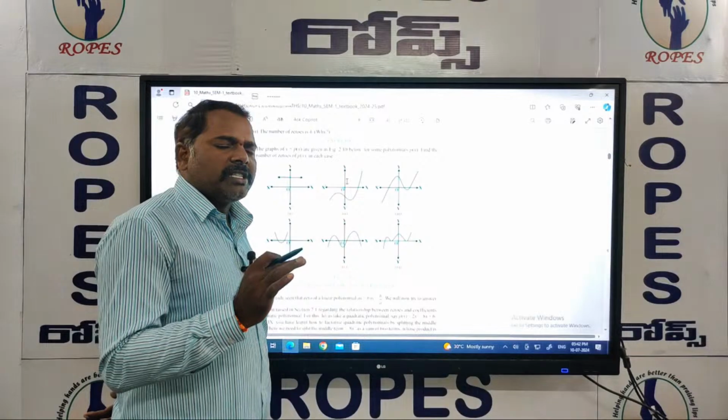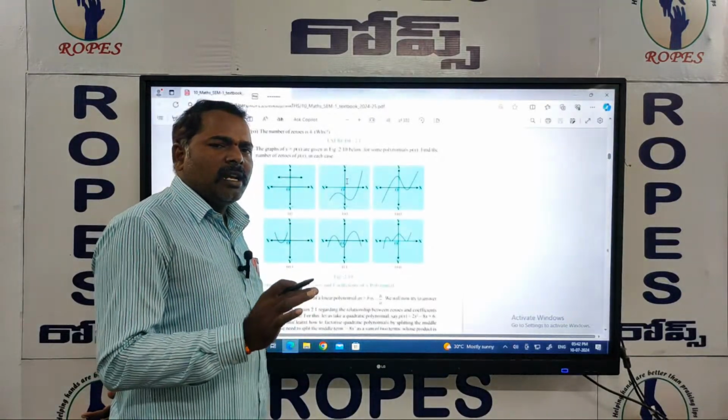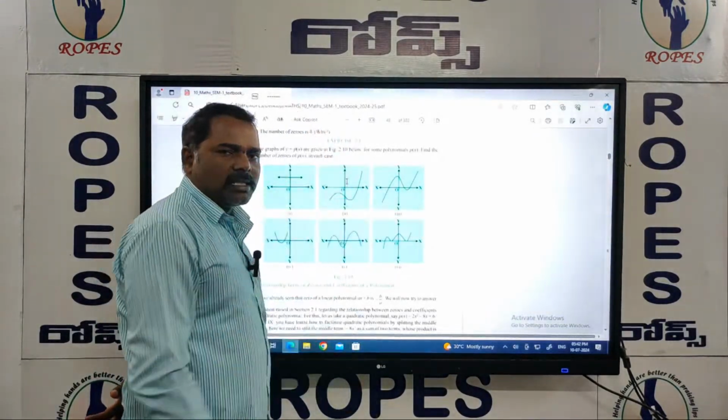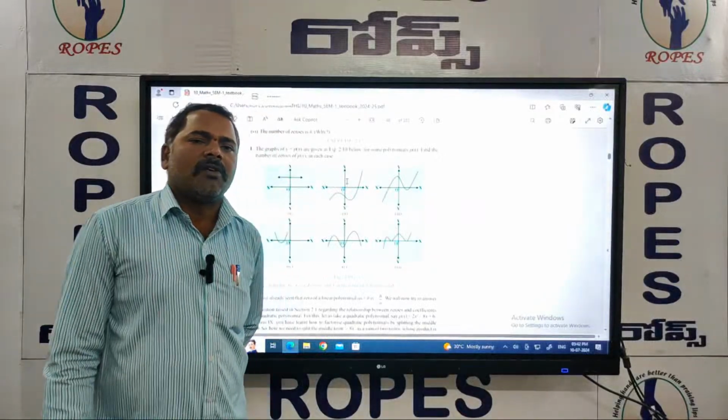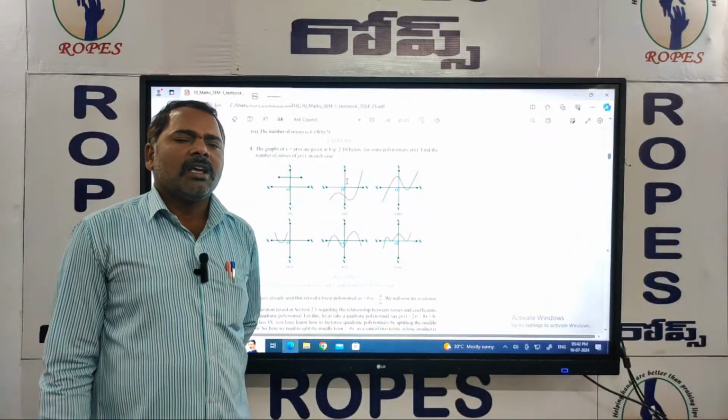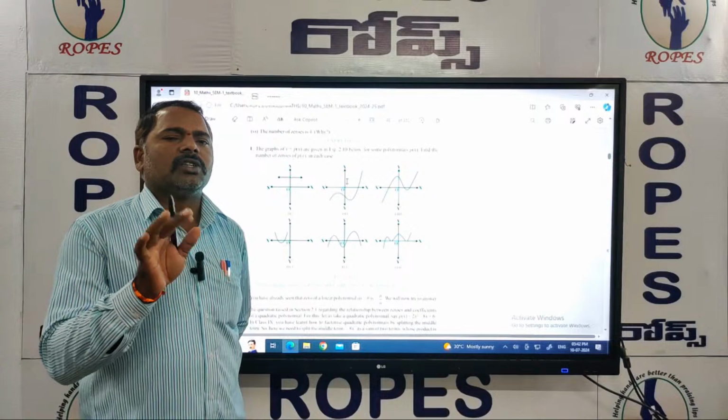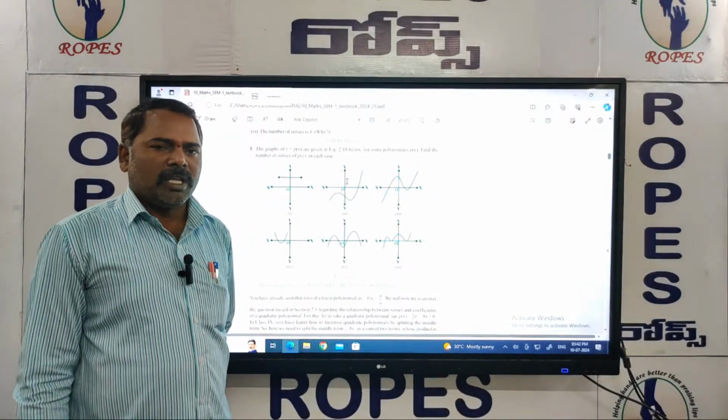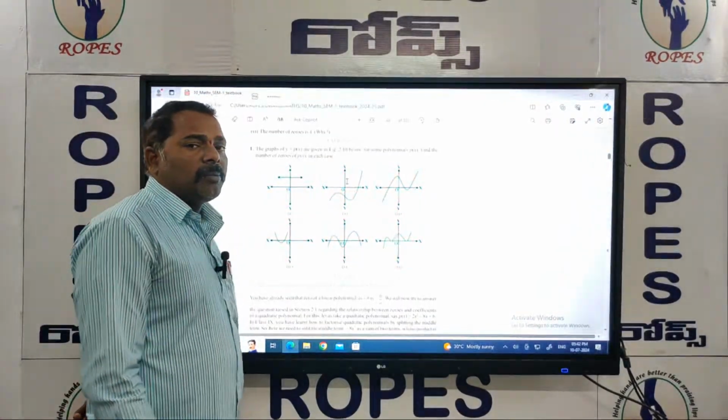So if it has a zero, then it must touch the x-axis. At how many places the graph is touching the x-axis, all those places are zeros of the given polynomial. That is the main important point.